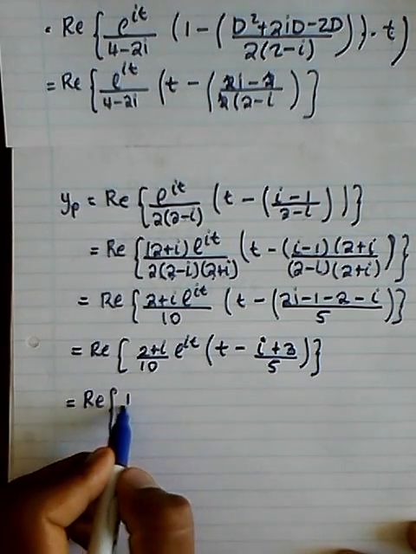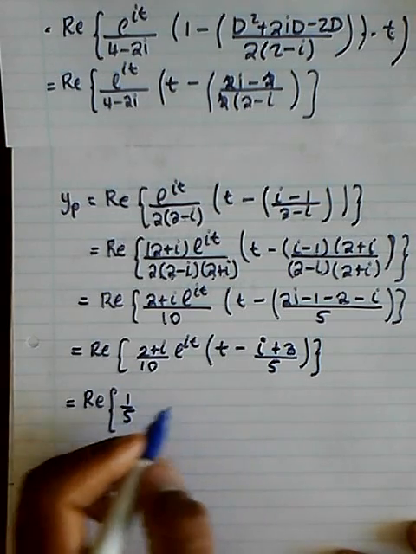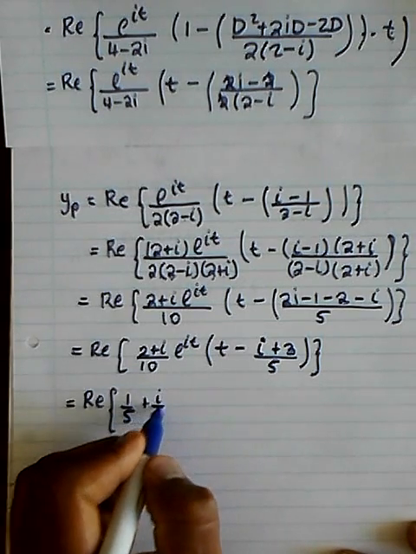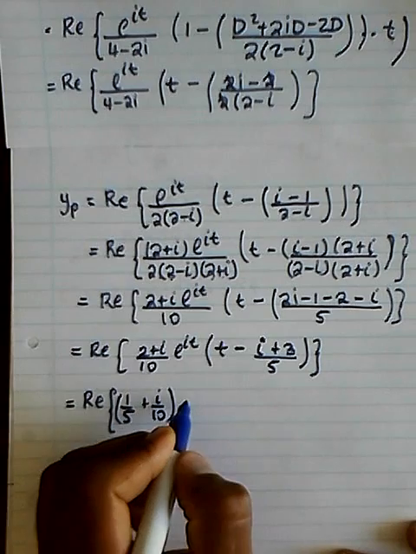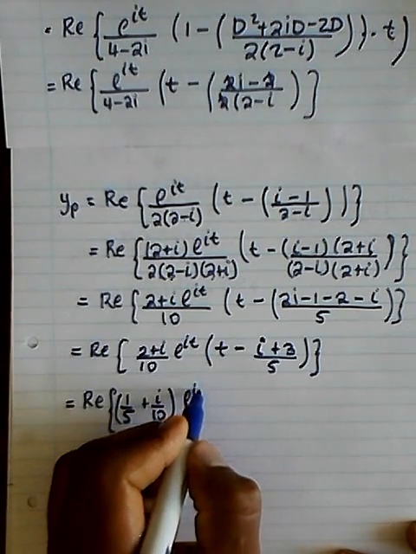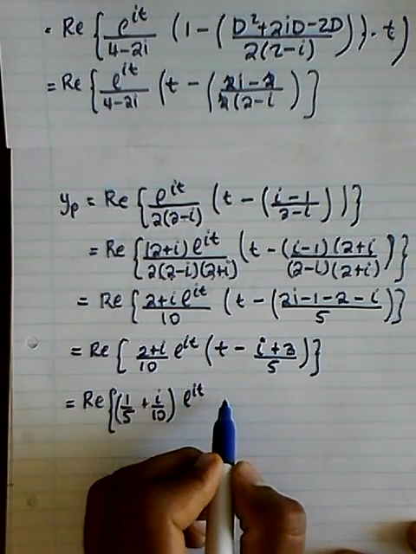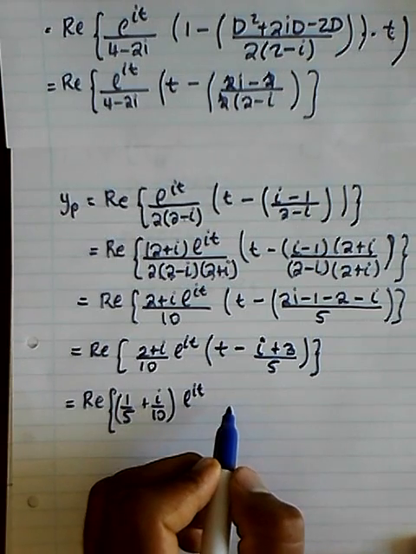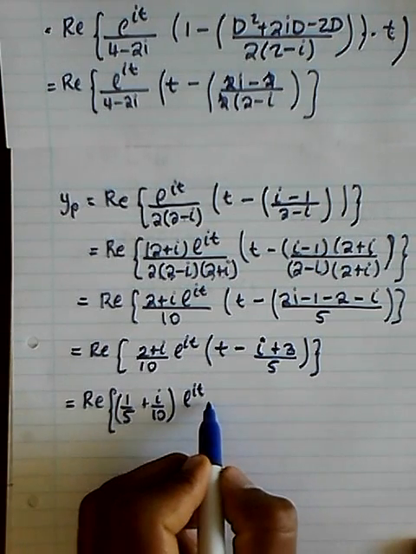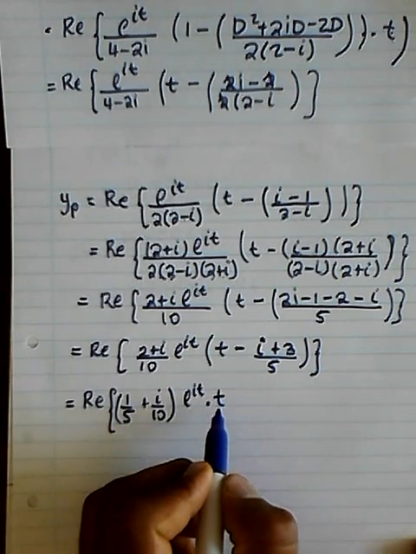I'm going to get 1 over 5 plus i over 10, and that is multiplied by e to the power of it, and also multiplied by t. So we're going to multiply this by t.